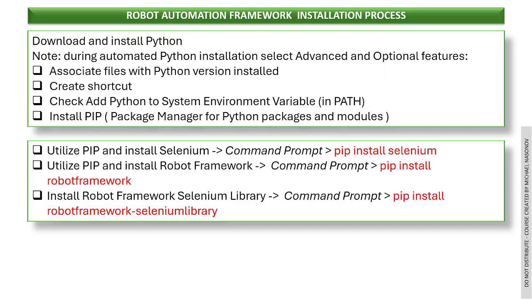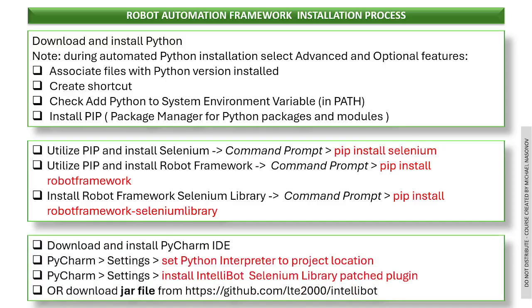After successful installation confirmation, you need to install Robot Framework Selenium library on top of the previous 2. In command prompt you need to type pip install robotframework-seleniumlibrary, exactly like this.